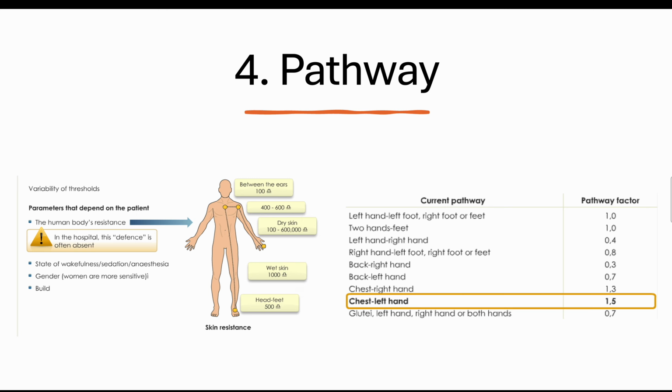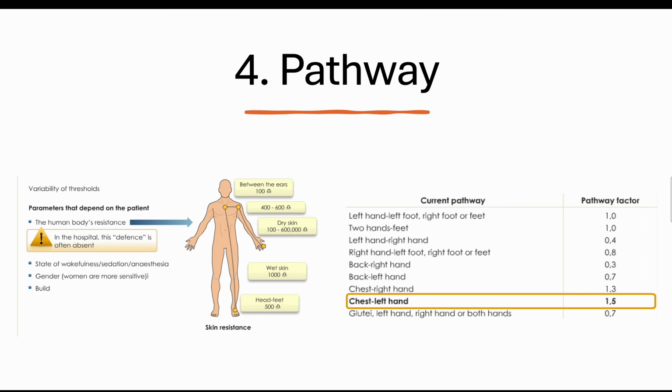There's different factors that could affect the pathway factor. So one of them is the entry and exit points. The point of entry and exit for the electrical current can determine the pathway through the body. Current may enter through one part of the body and exit through another, affecting different organs and tissues in its path. Resistance of tissues as well.